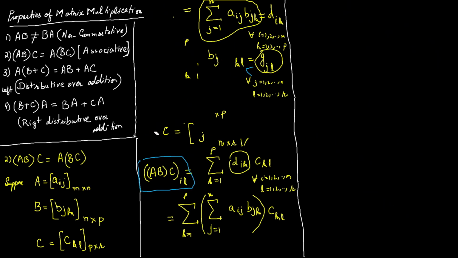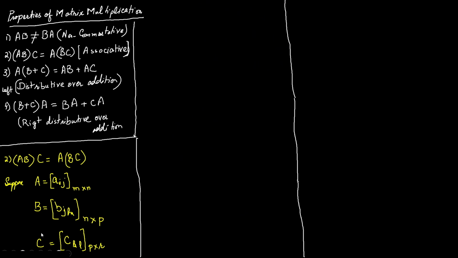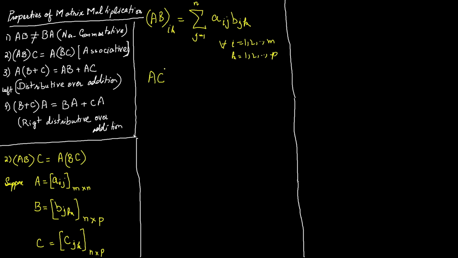Let us prove third property, left distributive law of multiplication over addition. Suppose A and B have respective orders of m cross n and n cross p. And suppose C also has the order n cross p, so that the matrix addition B plus C is consistent. Let us first calculate the element at row i and column k of the matrix multiplications AB and AC.